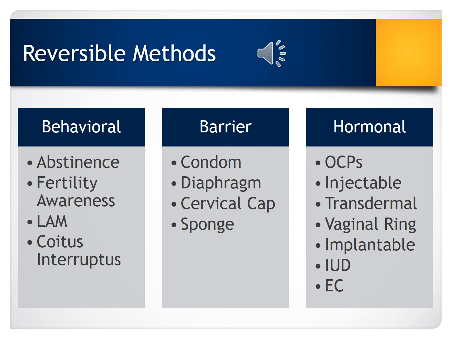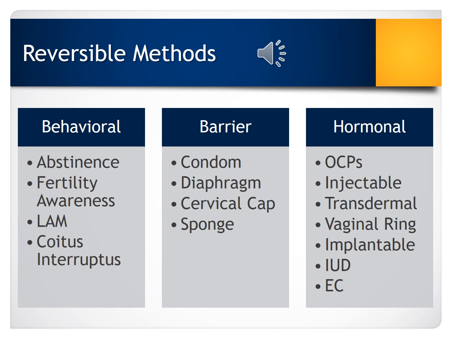These reversible methods can be divided into behavioral, barrier, and hormonal. Behavioral consists of abstinence, fertility awareness, meaning knowing when your fertile days and non-fertile days are, LAM, which stands for lactational amenorrhea, or coitus interruptus, which is the withdrawal method.